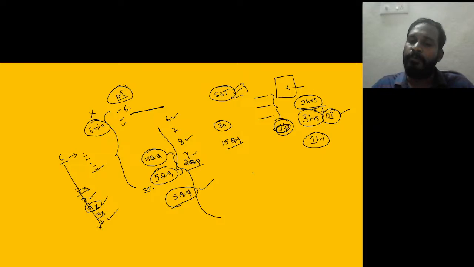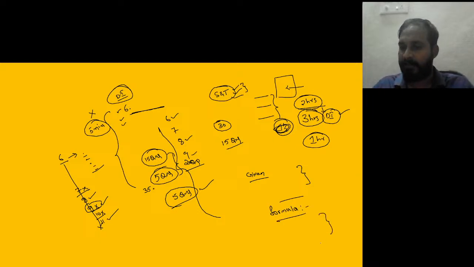So you will attempt that question. You will start solving it. When you start solving the question, definitely you will write the given portion, and then we will come to our formula. If that concept has a formula, we will write the formula and start solving the problem.